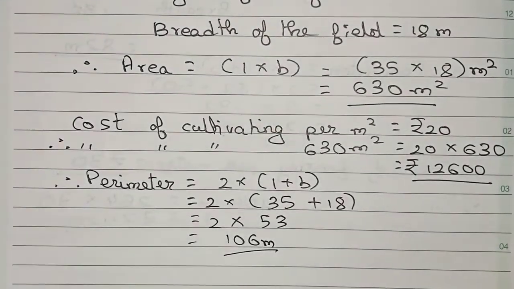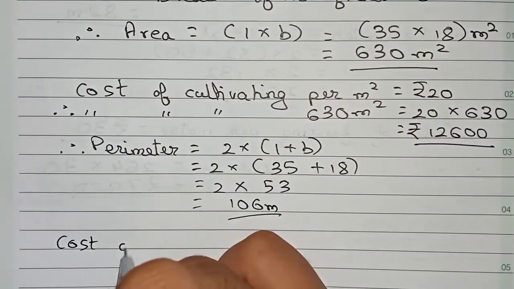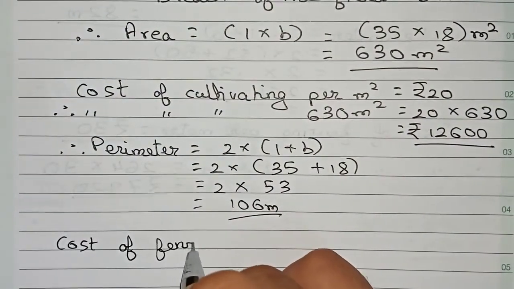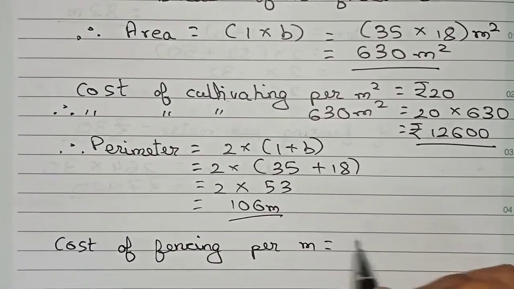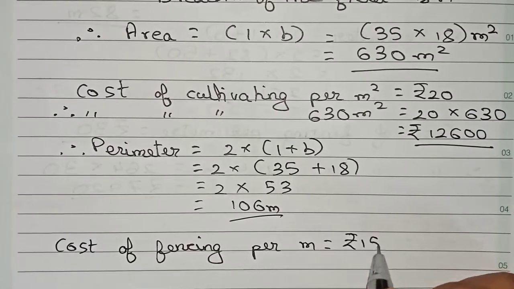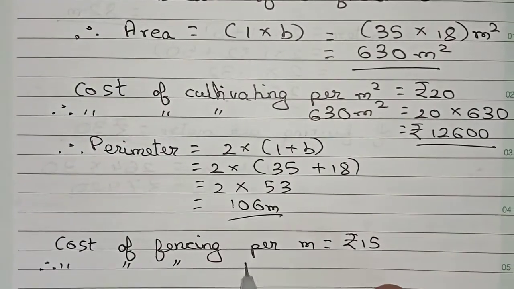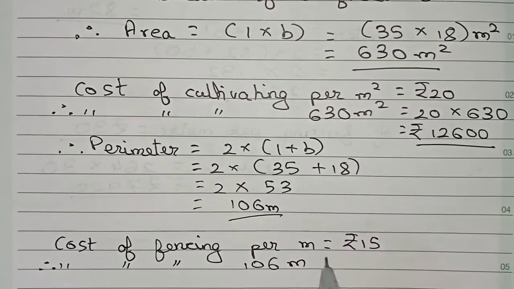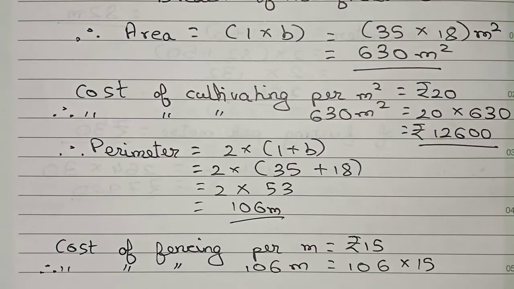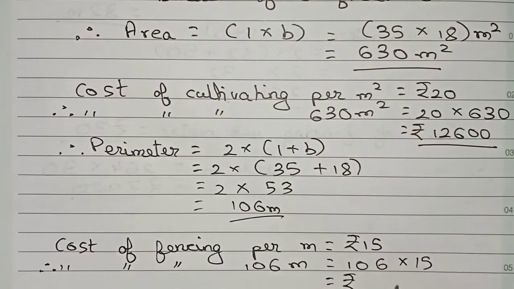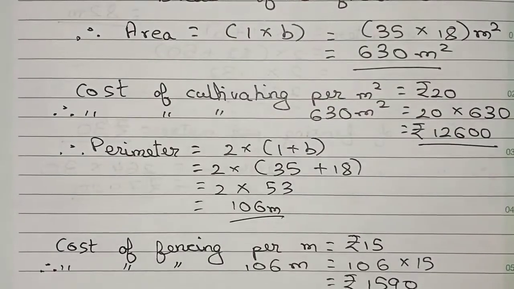So this is the perimeter. Now you write the cost of fencing per meter is given rupees 15. So now the cost of fencing 106 meter is equal to 106 into 15, which is equal to rupees 1,590. So this is the final answer for this question.